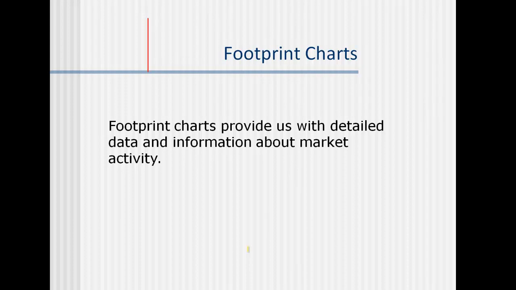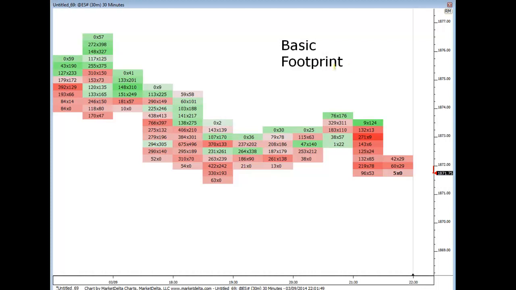Well, footprint charts really provide us with detailed data and information about market activity, as you will see with me here. This is what is described as a basic footprint. Instead of looking at a candlestick, I'm looking at a rectangle with shaded colors in the background and numbers on it. These numbers are details for that period of time, and each of these rectangles, or bars if you will, happens to be a 30-minute period for the ES Mini.